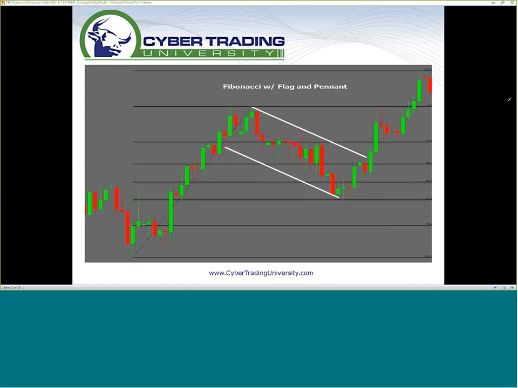Okay? So we draw the resistance by connecting two significant highs. One high there. That's another high there. Then we know from this point moving forward, we know that the downtrend is there. The next step is we draw a support level. The support level oftentimes is parallel to resistance. So that gives us another way to project where support may eventually be.